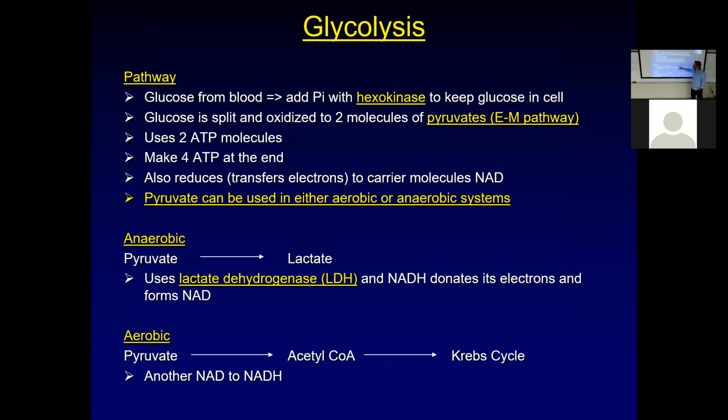Then NADH gives its electrons back, which is good, because we need the free electron carriers for later. Or the pyruvate goes through an intermediate step and makes acetyl coenzyme A, which gets into the Krebs cycle inside the mitochondria, where we take off a bunch more electrons and make a bunch of energy.